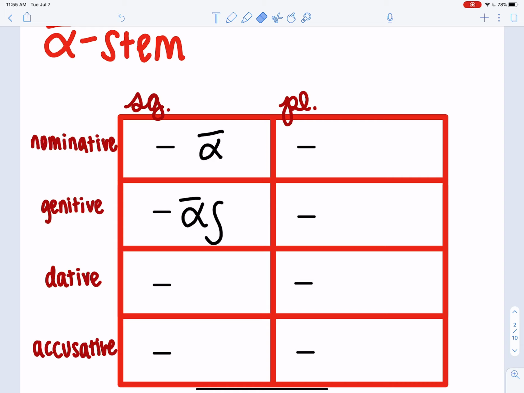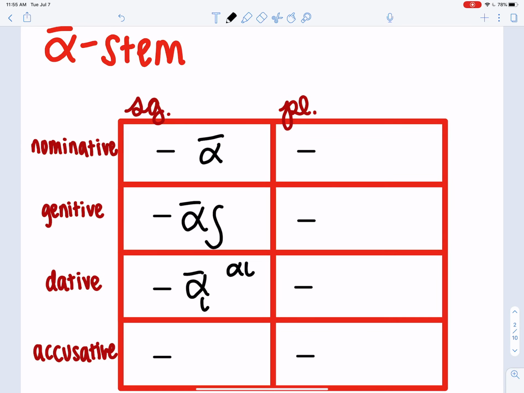Dative singular ending is alpha with an iota subscript, and the macron's still there. I hinted at this iota subscript in an earlier video, and there's not that much that you need to know about it other than rather than have a separate iota next to the alpha in the dative, we just use the subscript instead. That also means that you can't leave the subscript off and just have an alpha, or else you might think your noun is nominative or vocative.